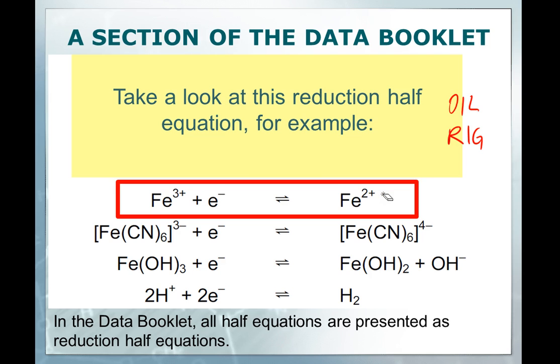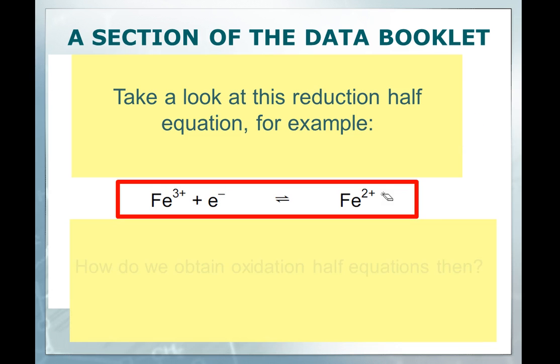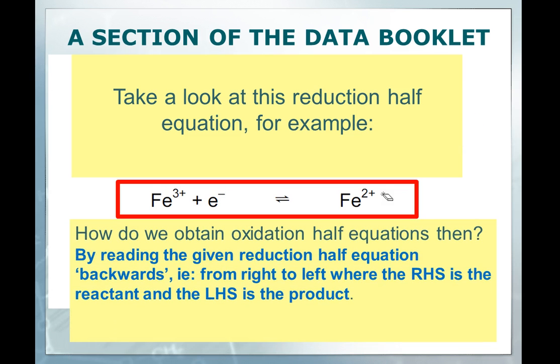If the data booklet gives all the half equations as reduction, how do we obtain the oxidation half equation? Through logical deduction, if you want the oxidation half equation, you should read the equation from right to left, because from right to left shows iron 2 plus being oxidized to iron 3 plus.